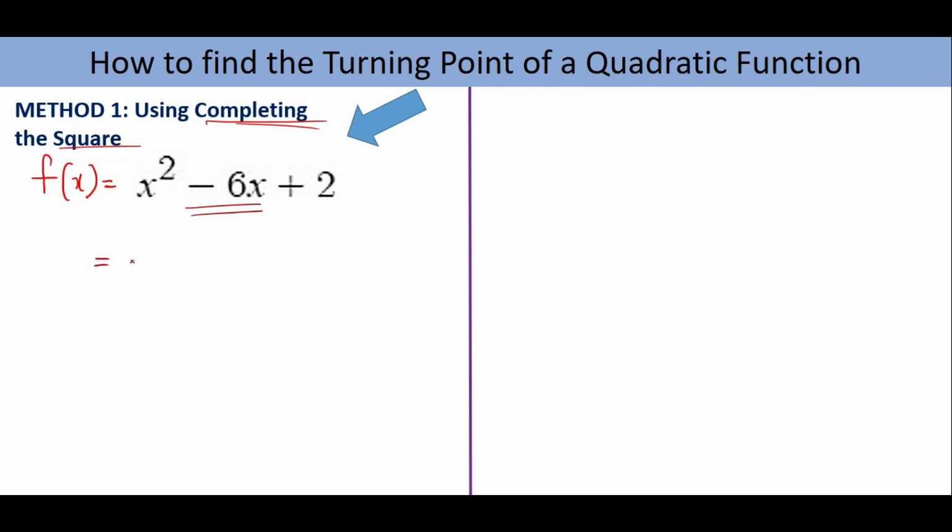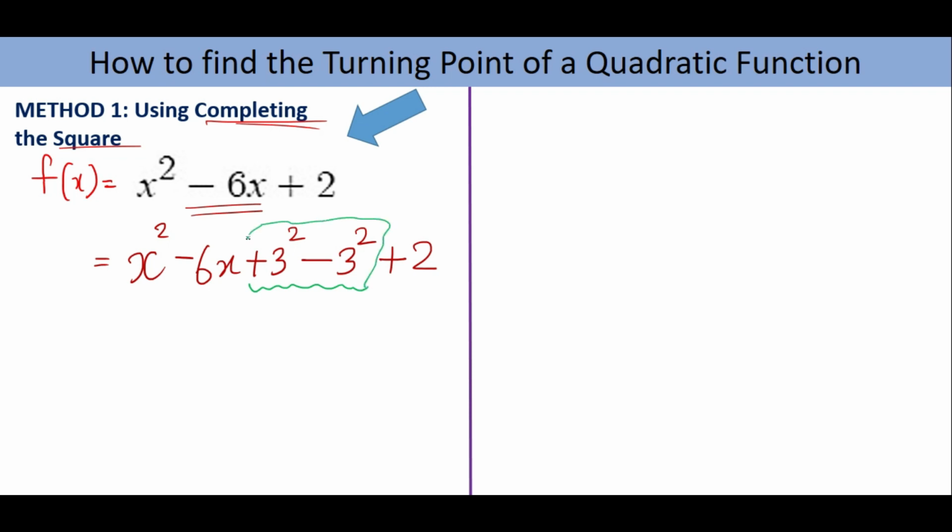So I will proceed further with writing x squared minus 6x plus 3 squared minus 3 squared and the plus 2. The new terms that I have introduced are a plus 3 squared and a minus 3 squared, keeping the remaining function just the same.